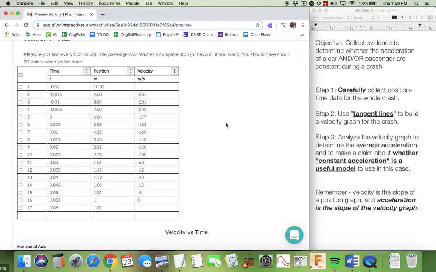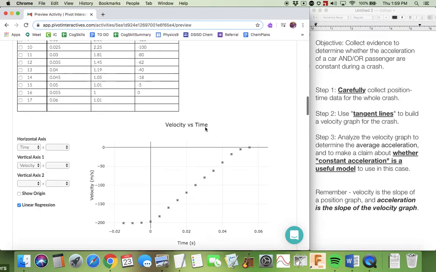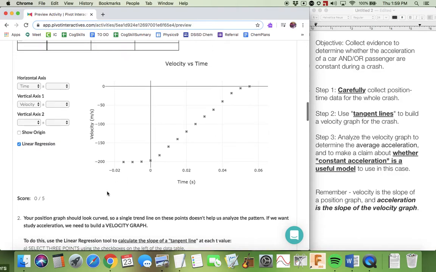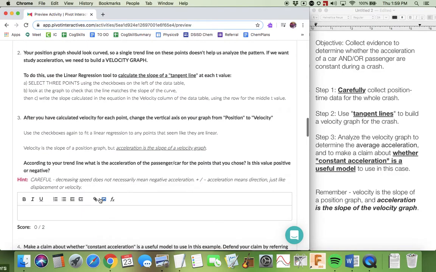Let me check it out. Oopsie. So these are my points. I can tell that the car is moving at a constant velocity, and then it decreases speed to 0 velocity. I need to then figure out what the slope of that line is. Velocity is the slope of a position graph, but acceleration is the slope of a velocity graph.